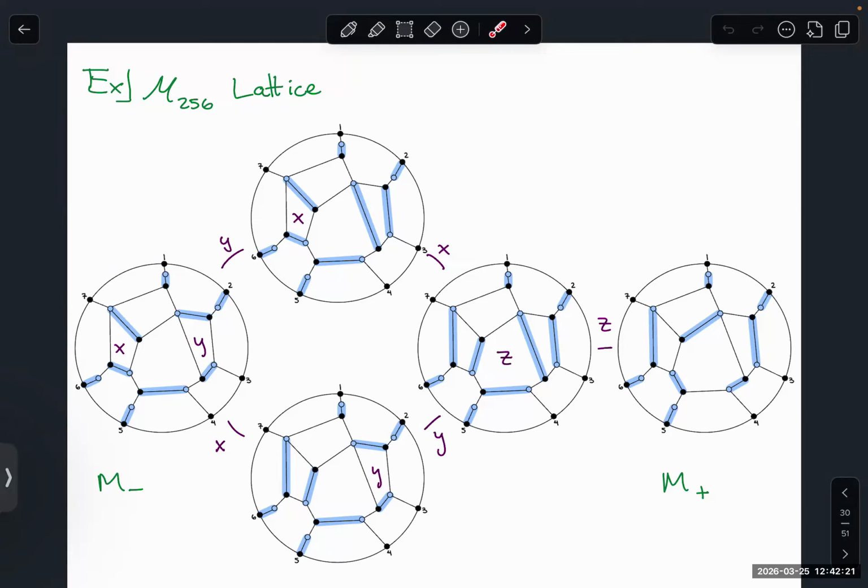But here we have the set of matchings with boundary 256. On the left, I have my minimal matching. And if we look, the only faces we can swivel are these ones I've labeled X and Y. If we go clockwise about either face, the edges are white to black. And so those are up swivels.